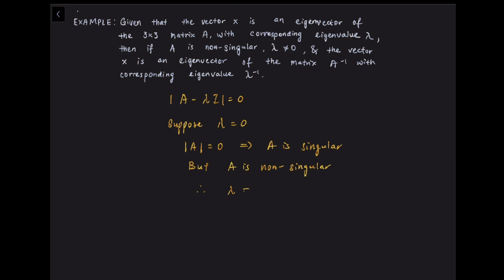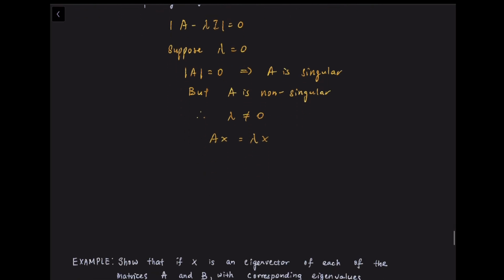So we can write the characteristic equation now as Ax equals lambda x, and multiplying by the inverse matrix on both the left hand side and right hand side of the equation, we will obtain Ix equals lambda inverse Ax.